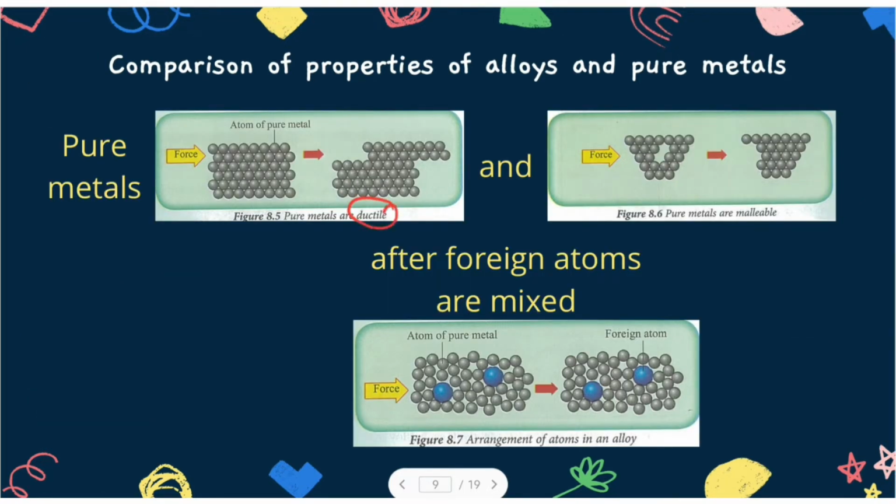Ductile and malleable, mulur dan boleh ditempa. So, when the pure metals are ductile and malleable, it can easily be pulled into fine wire.